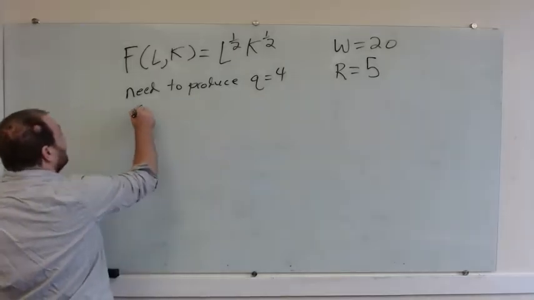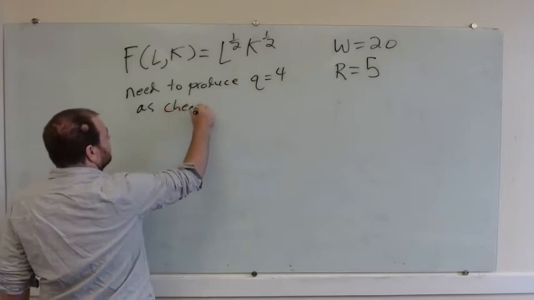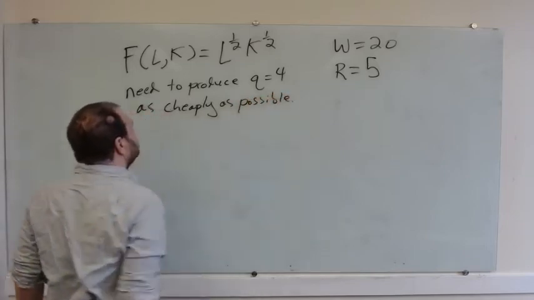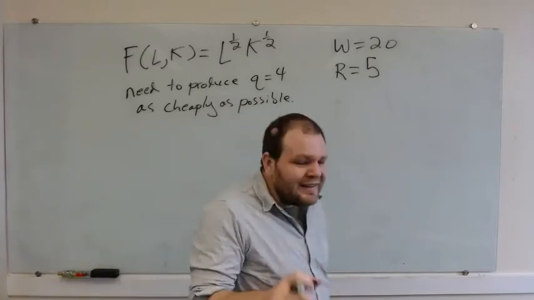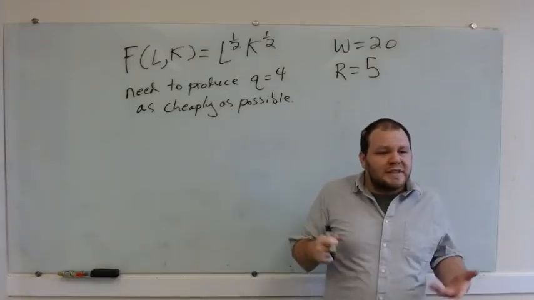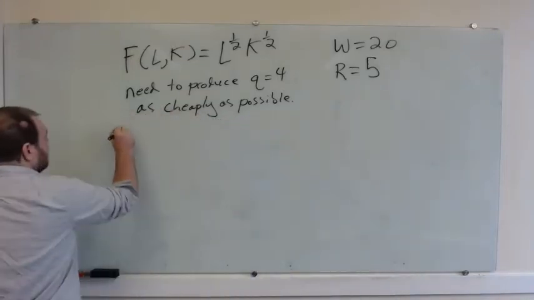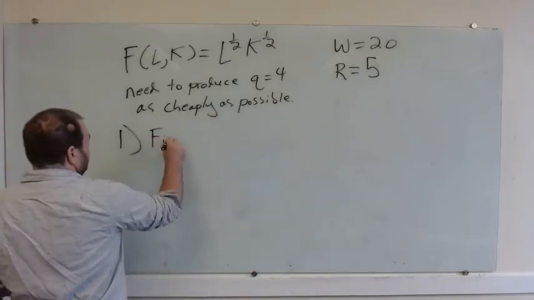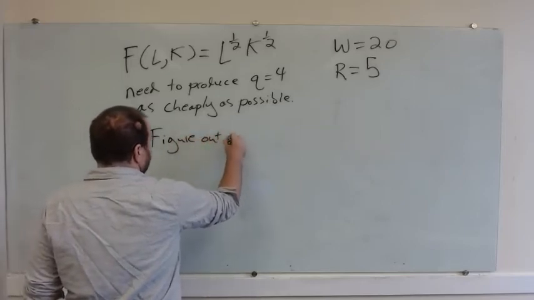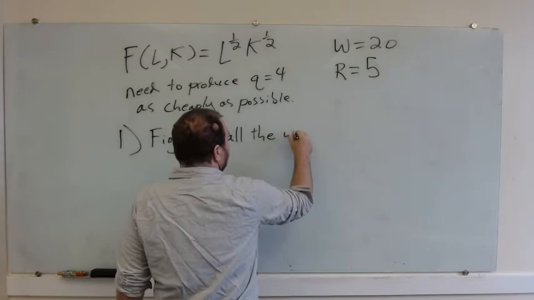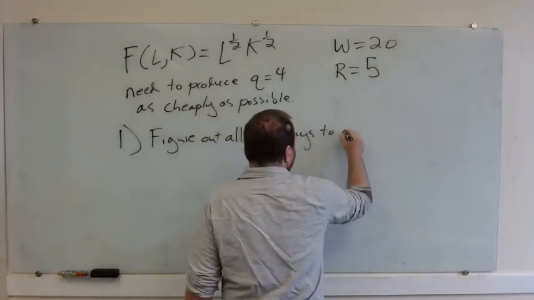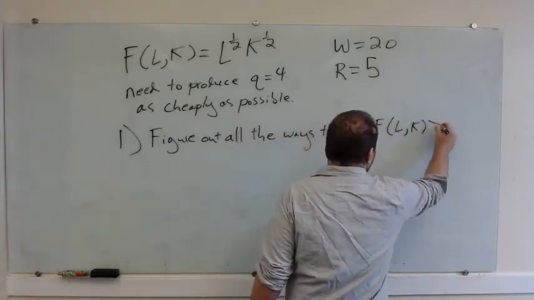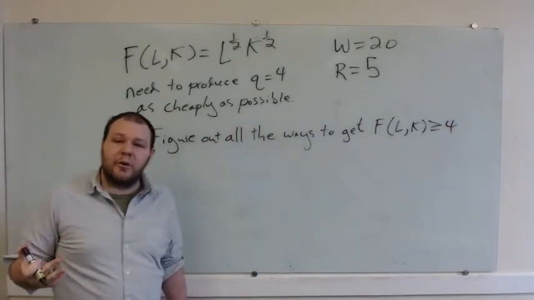Cool? Cool. Okay. So how are we going to go about trying to solve this problem? So we want to produce Q equals 4 as cheaply as possible. I'm going to propose a relatively straightforward way of attacking this, which is to say, let's first figure out all of the different ways that we could produce 4 tons of potatoes, all the combinations of labor and capital that will be, let's say, greater than or equal to 4, that will meet our production quota.